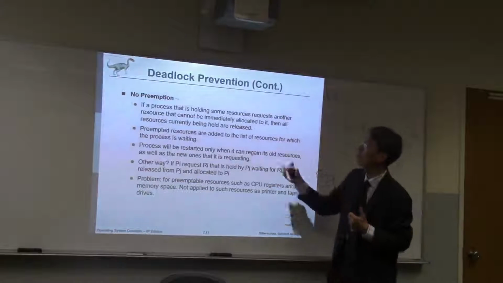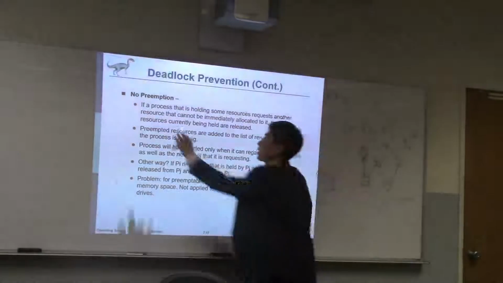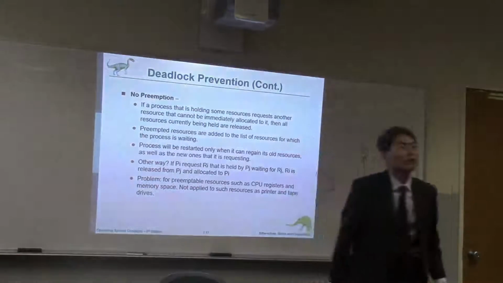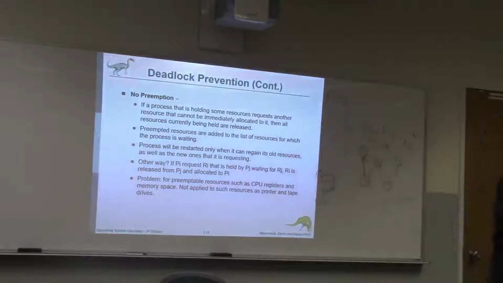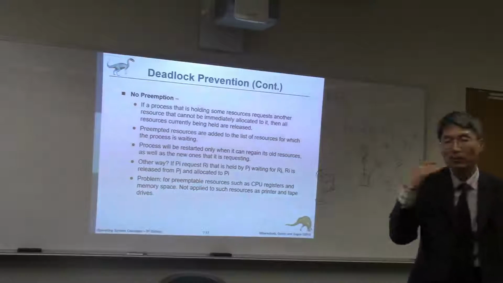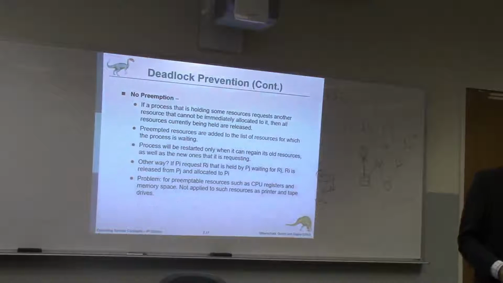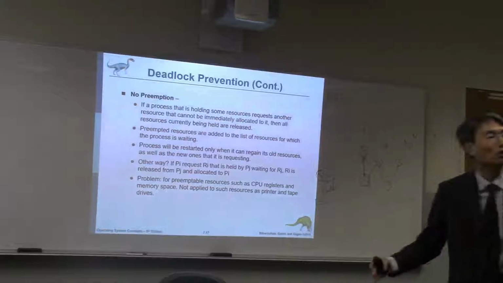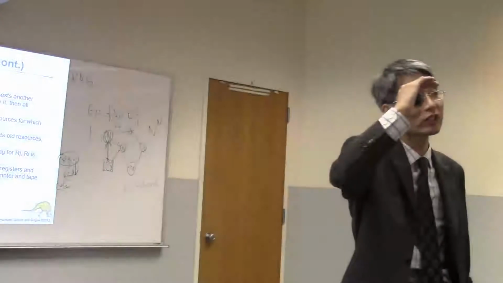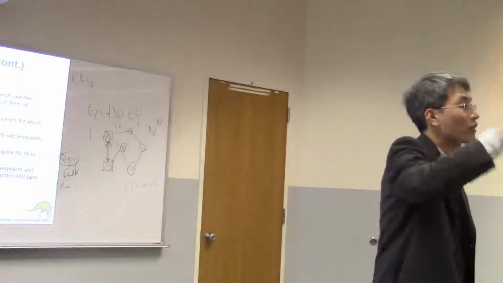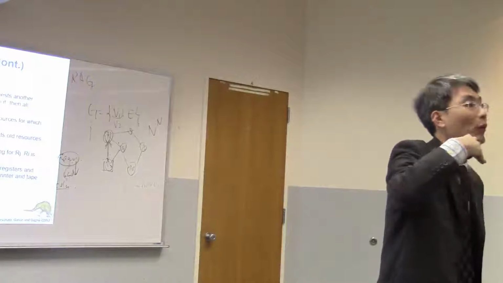Then what about no preemption? Make the process preemptive, which means it can be stopped anytime. If something happens, stop, do it again. It can be stopped, do it again. You cannot keep the current status, unlike the CPU context switch. The CPU context switch is a preemptive operation.